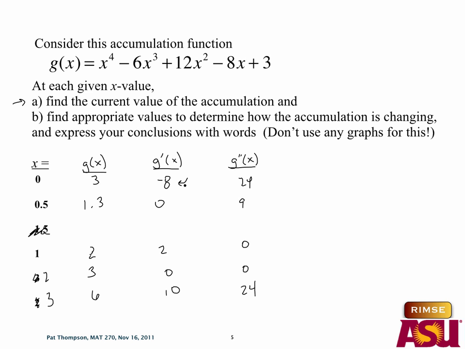The negative value for the first derivative means that g is decreasing. The positive value for the second derivative means that g is concave up. So decreasing and concave up looks like what?